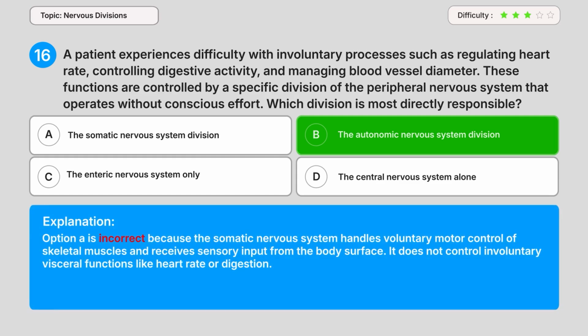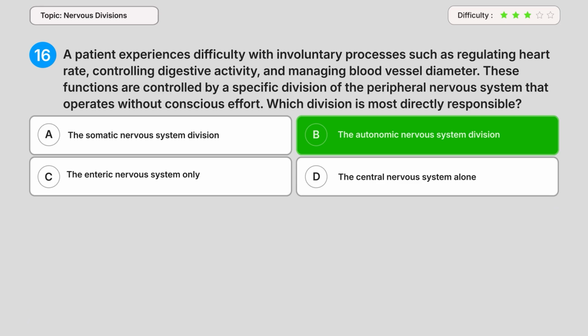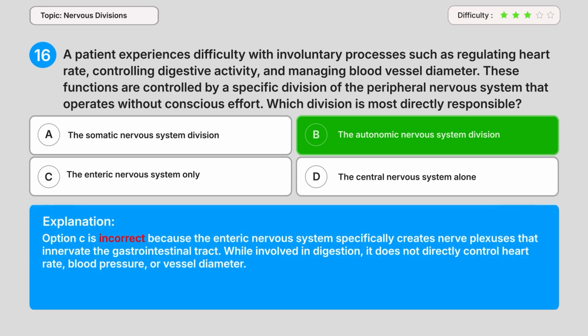Option A is incorrect because the somatic nervous system handles voluntary motor control of skeletal muscles and receives sensory input from the body surface. It does not control involuntary visceral functions like heart rate or digestion. Option C is incorrect because the enteric nervous system specifically creates nerve plexuses that innervate the gastrointestinal tract.